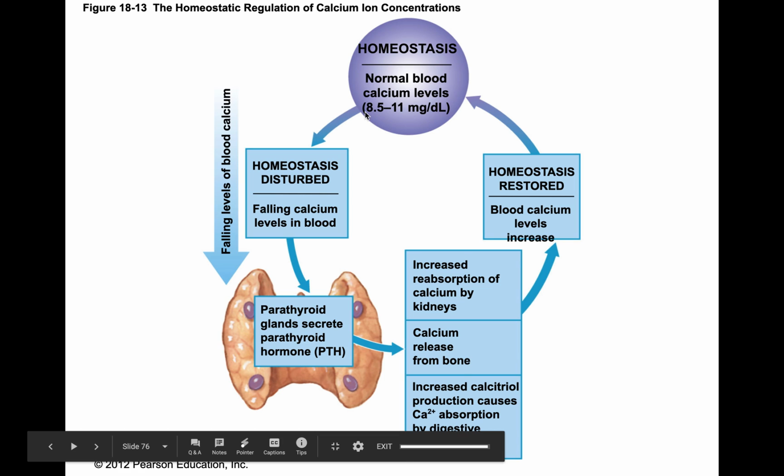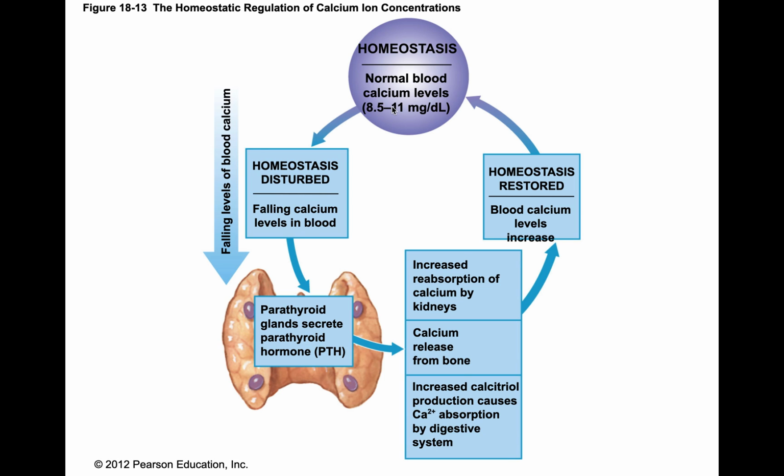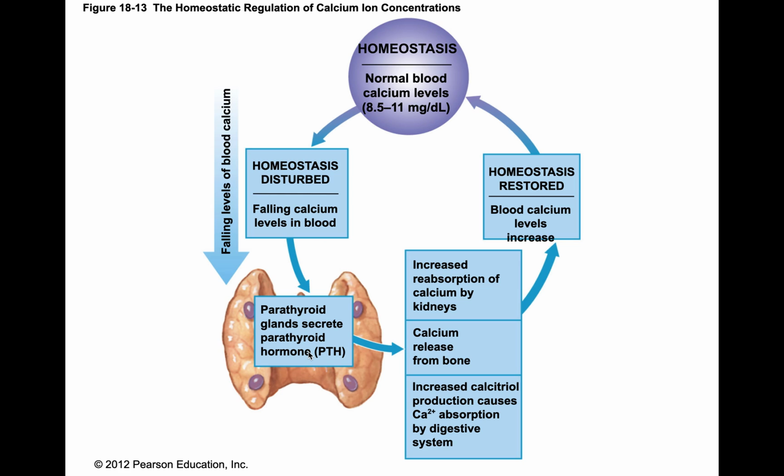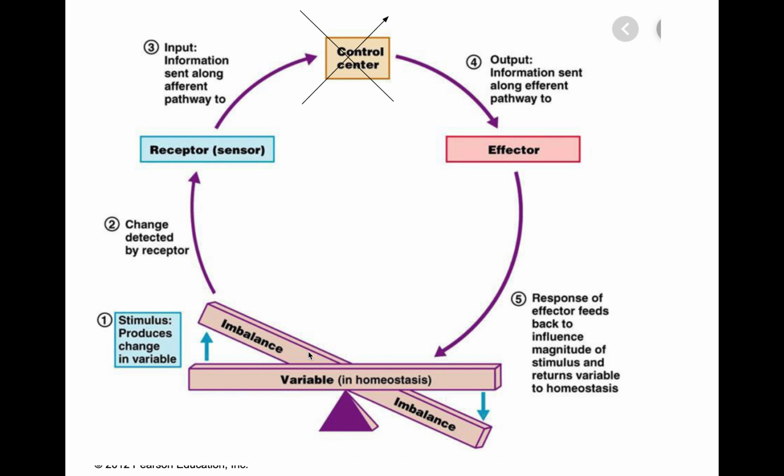When it goes below 8.5 milligrams per deciliter of the blood, right away the parathyroid gland secretes the PTH, or the parathyroid hormone, which in turn causes three effects: increased reabsorption of calcium, calcium release from bones, and increased calcitriol. And right after that, homeostasis is restored and the release of the hormone is stopped.